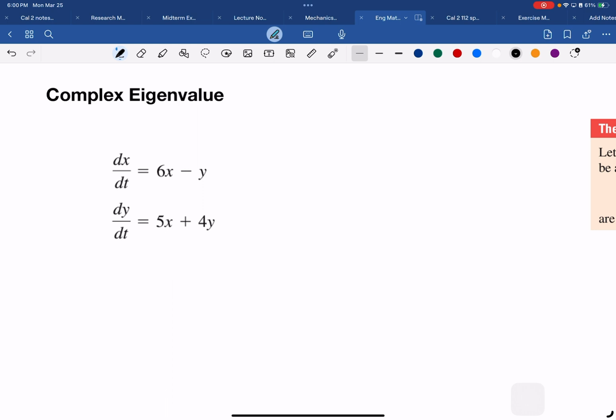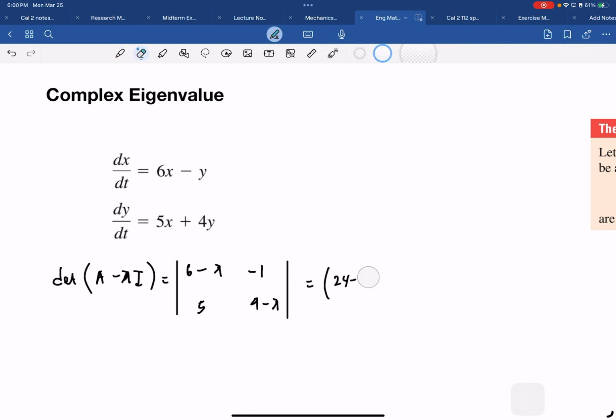If we take the determinant and try to find the eigenvalues, this will be 24 plus 5, so lambda squared minus 10 lambda plus 29 equals 0.